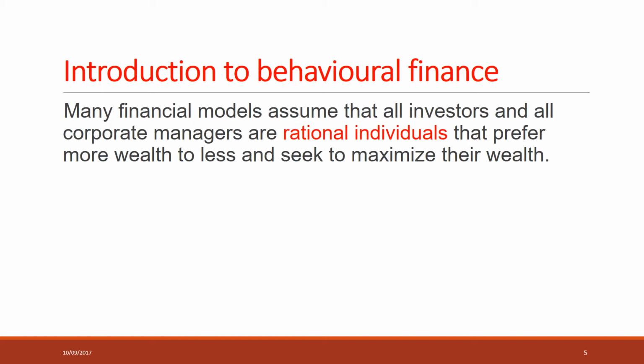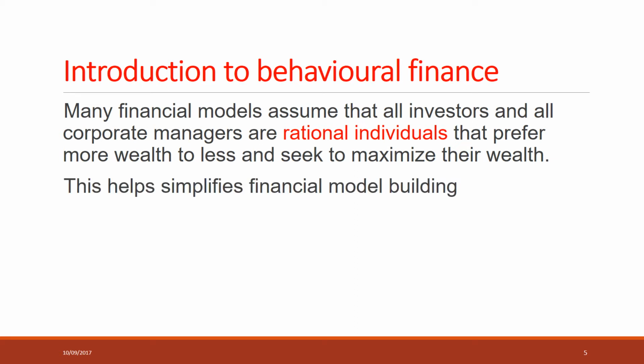So a lot of financial models assume investors are rational so that they prefer to maximize their wealth. So if we assume that all investors are rational, it helps to simplify financial model building, meaning that we can build economic models where individual investors behave in a predictable way. Right?